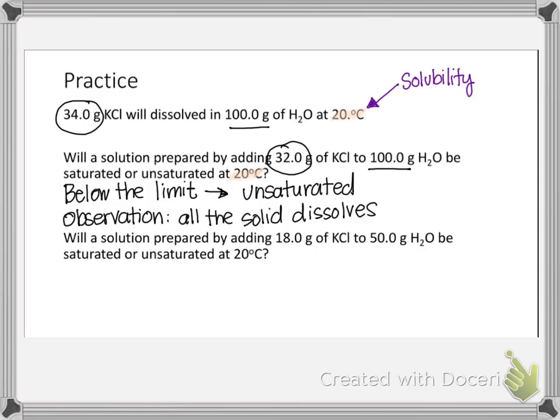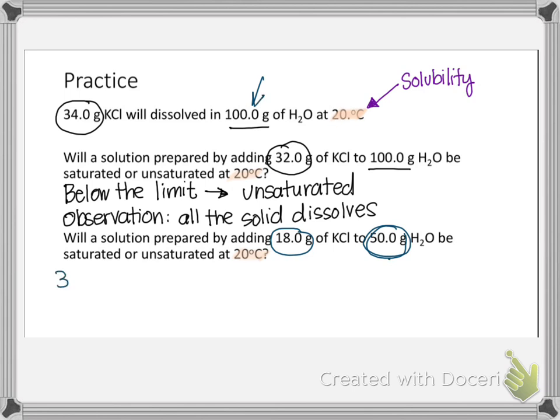Let's look at the second question. Will a solution prepared by adding 18 grams of KCl to 50 grams of water be saturated? We're still at 20 degrees, so it still works. Okay, so if we have 50 grams of water, that's half of 100.